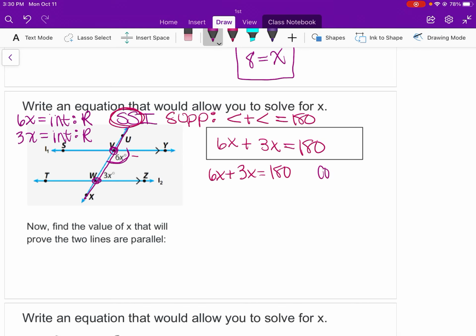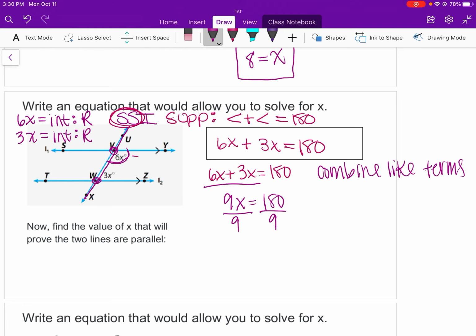First thing I'm going to do is combine like terms. So 6x and 3x add to give me 9x, which is equal to 180. Now, since 9 and x are touching, we realize that they're being multiplied. So the opposite of multiplication is division.